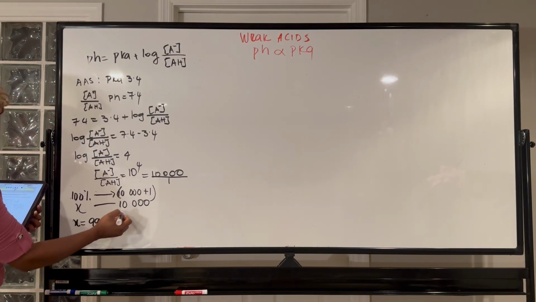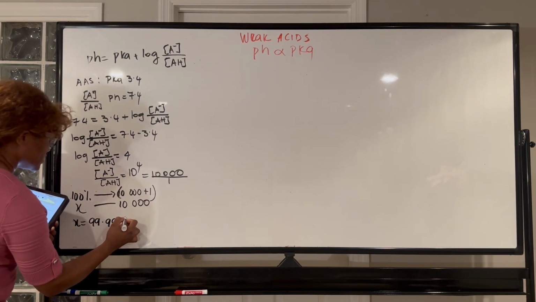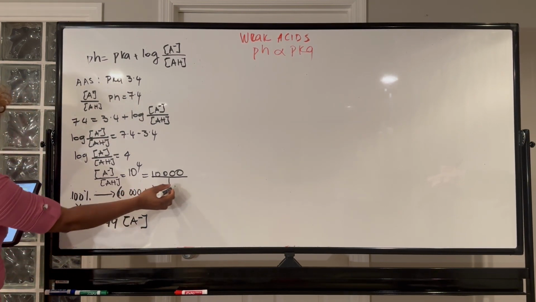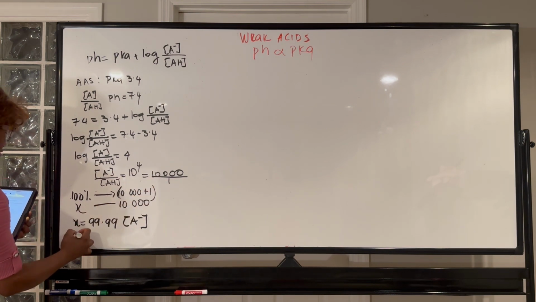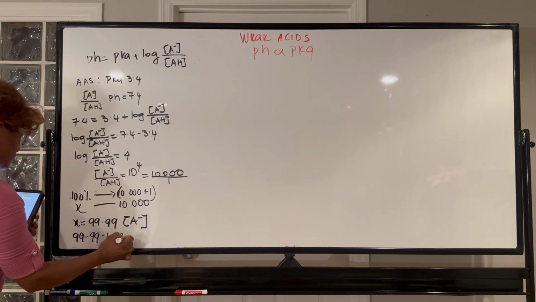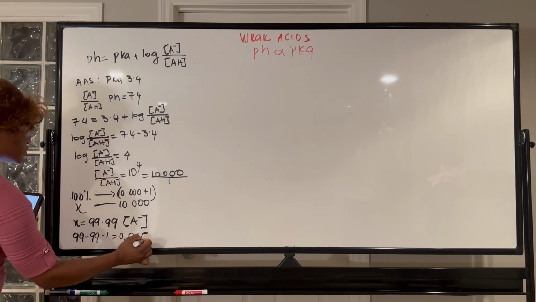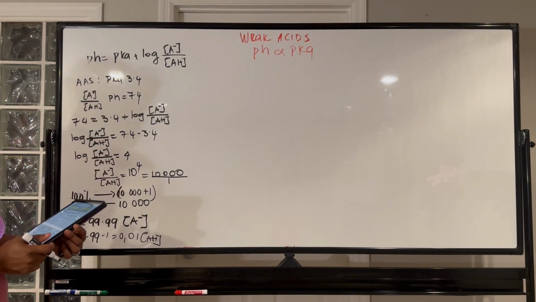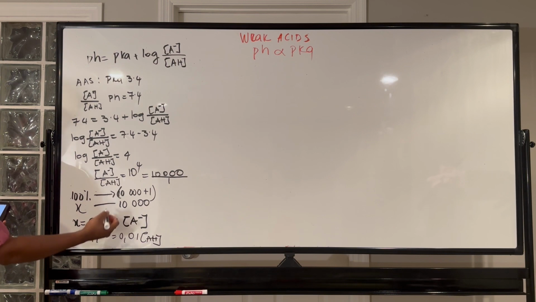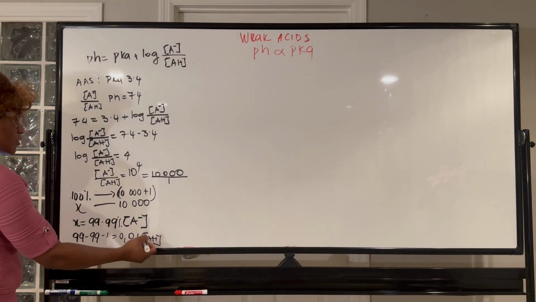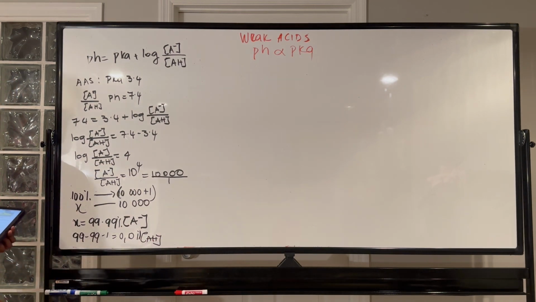So 10,000 represents 99.99%, which is the ionized form of the drug, and the 1 is going to be 0.01%, which represents the non-ionized form of the drug. So I have 99.99% of the ionized and 0.01% of the non-ionized form of the drug.